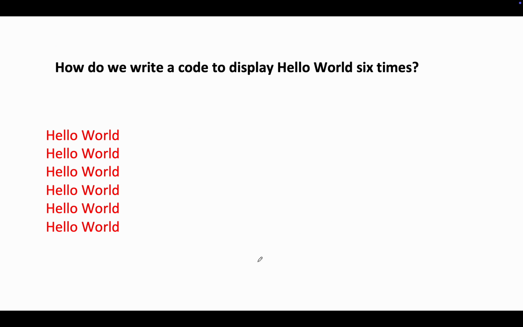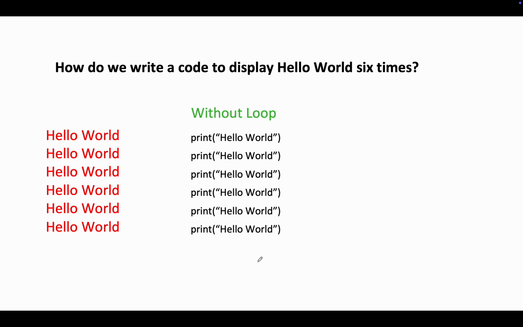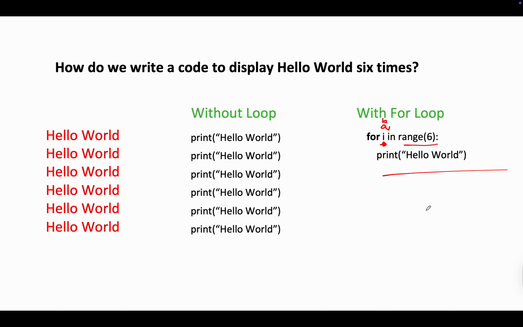For example here, I would like to print hello world 6 times, so with a for loop, I can just say for i, or for a, or for b, or anything that will temporarily represent the value of range, and print hello world.